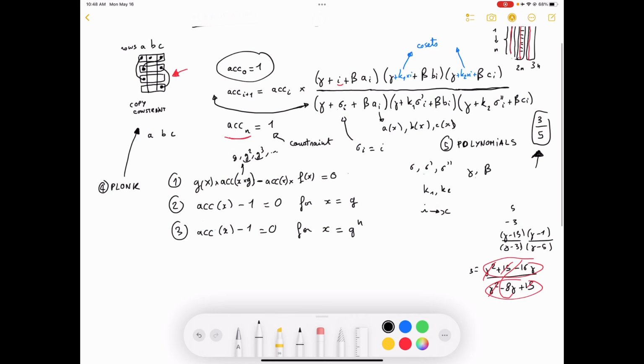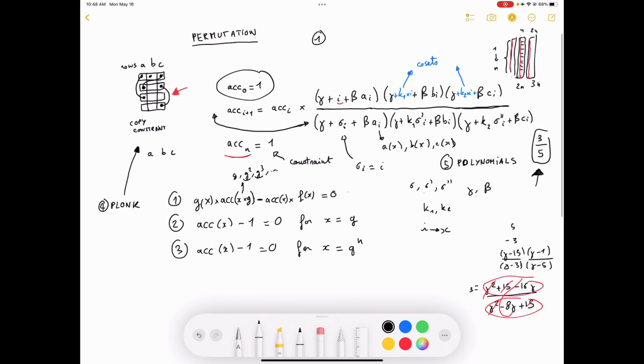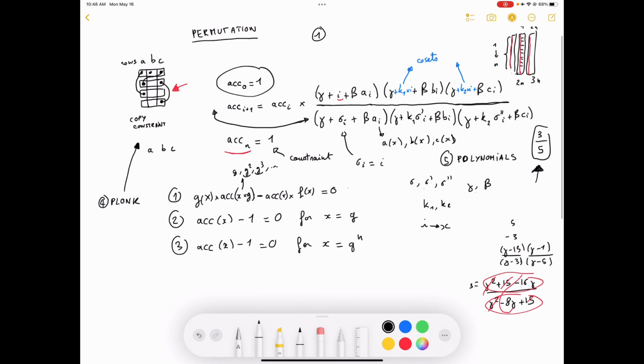Okay, so I guess that's the permutation argument. And the way this works basically is that you take the Lagrange basis. This is another thing I should explain, I guess. L0 of x equals 0, and here we have Ln of x equals 0. These are Lagrange basis.